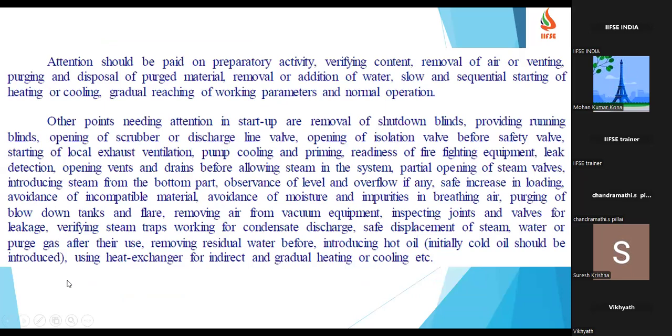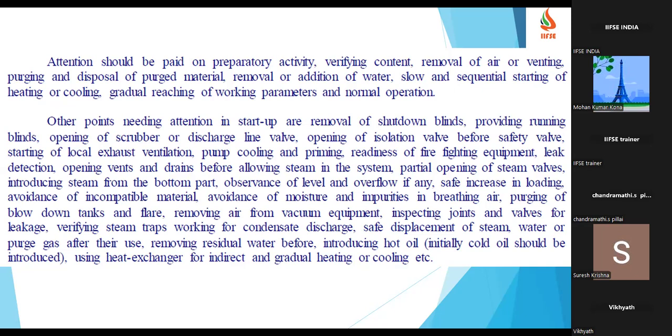Then attention should be paid to preparatory activities: verifying the content, removal of air or venting, purging and disposal of purged material, and the removal or addition of water, slow and sequential starting of the heating or cooling, gradual reaching of working parameters, and then normal operation. Sometimes they keep some kind of chemicals inside the vessel to maintain the condition of the vessel.